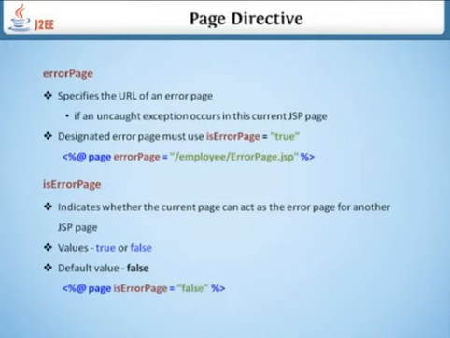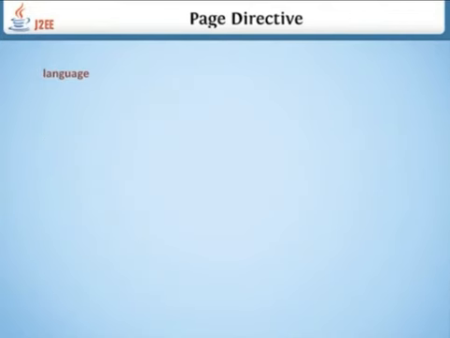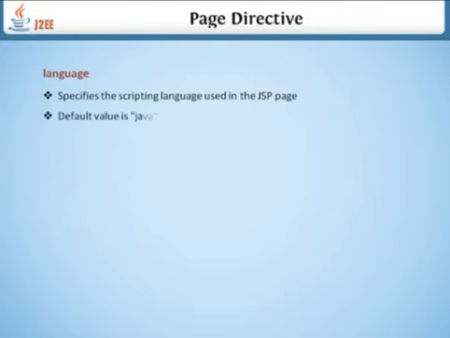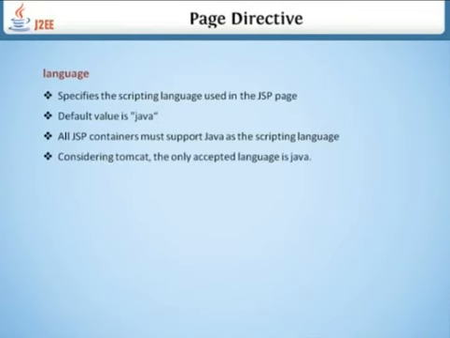Language. It specifies the scripting language used in the JSP page. The default value is Java. All JSP containers must support Java as the scripting language. With Tomcat, the only accepted language is Java. Page language equal to java.